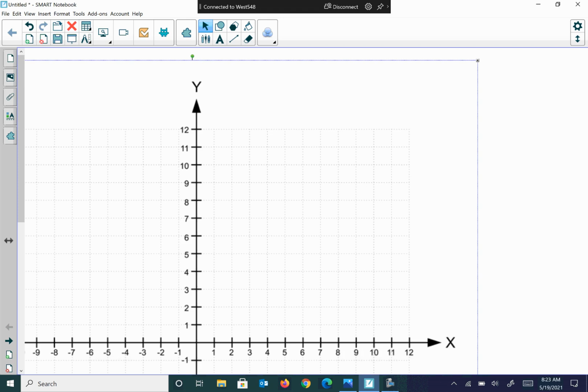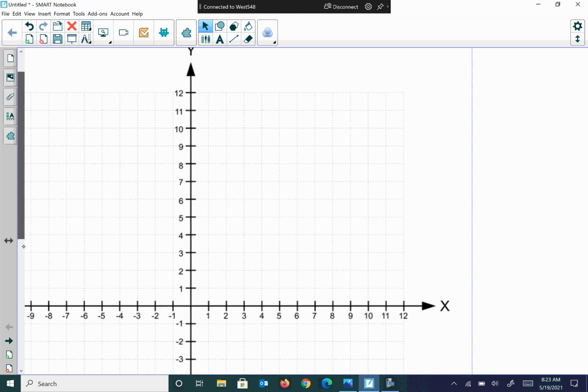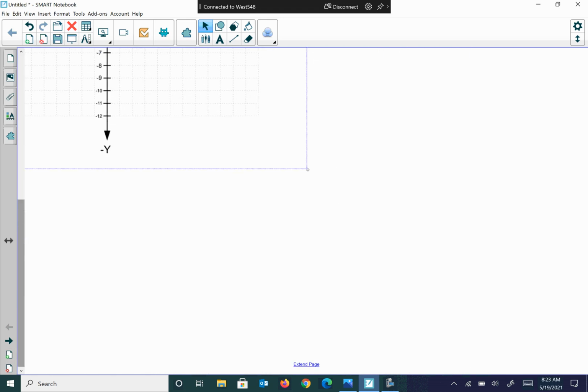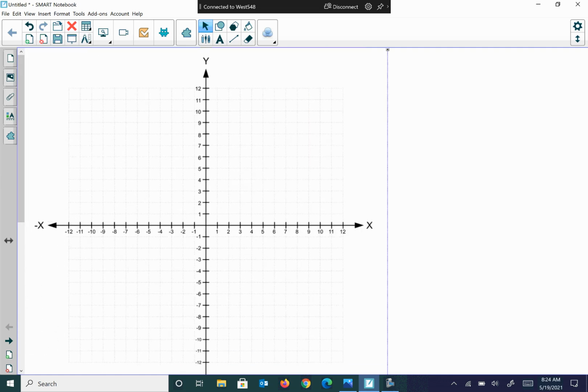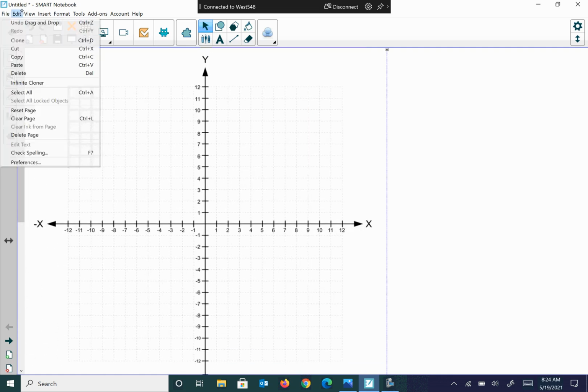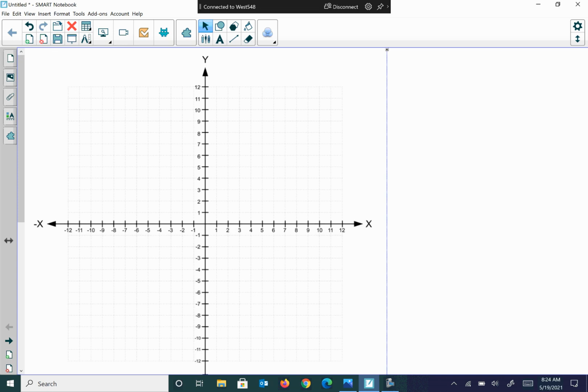All right, so I got a graph. Let me reduce this a smidge. Ooh, here comes a sneeze. Nope, it went away.